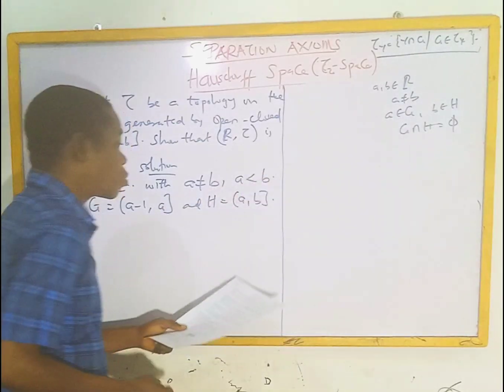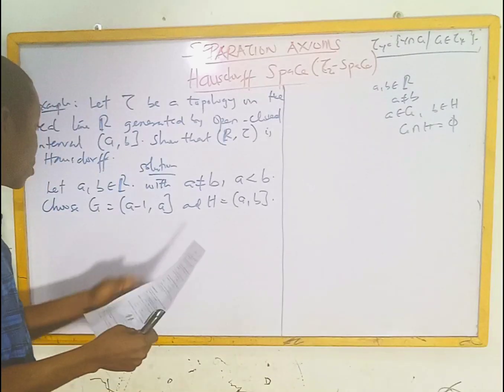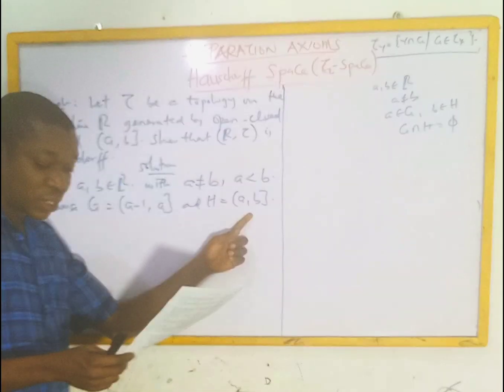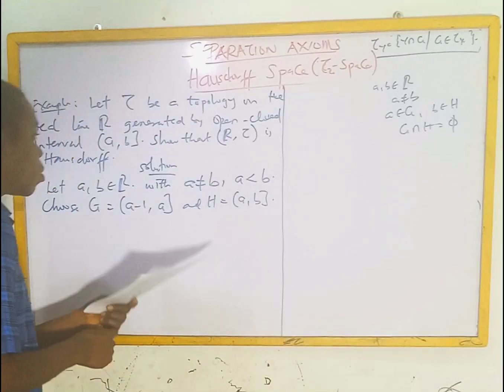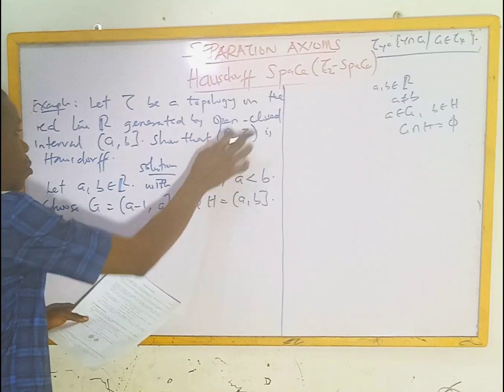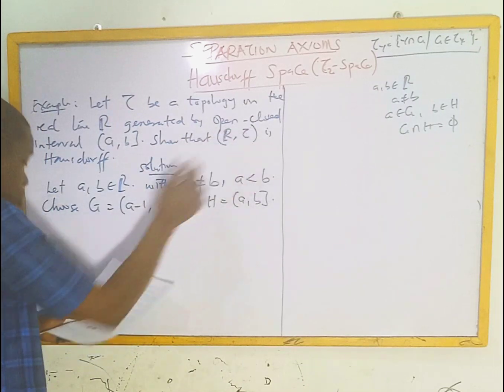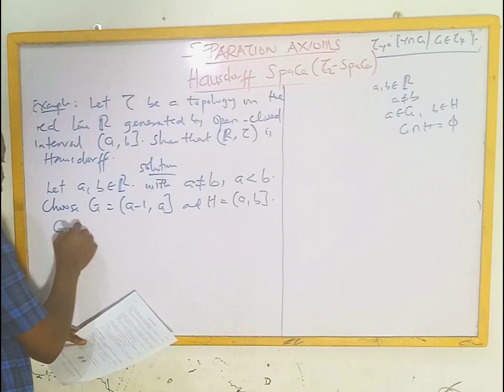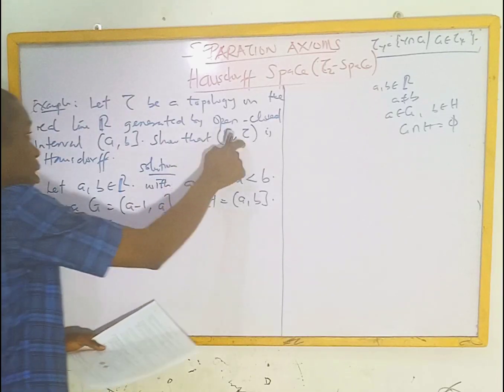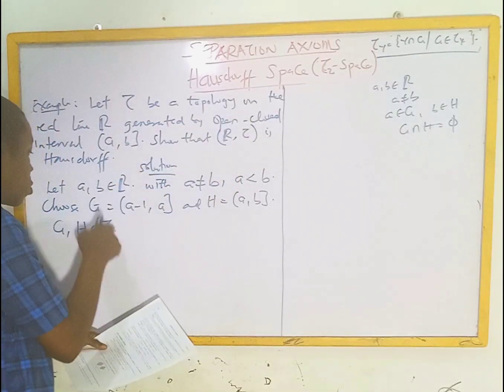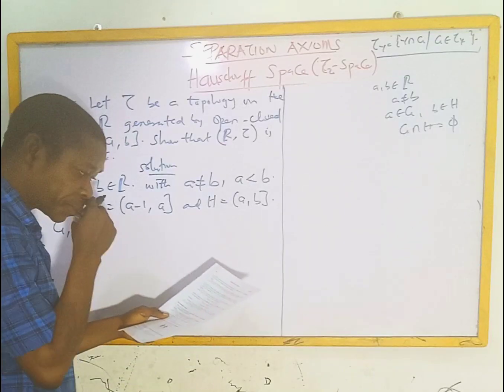Can you see that now? Also, let me pick my G to be this, and then my H to be this. Then, by looking at it now, they are both from this topology. That shows that my G and H are in that topology of open closed intervals. So that is taken there.